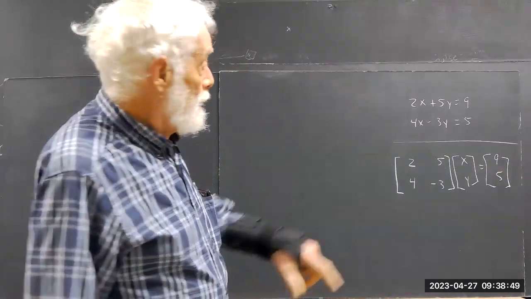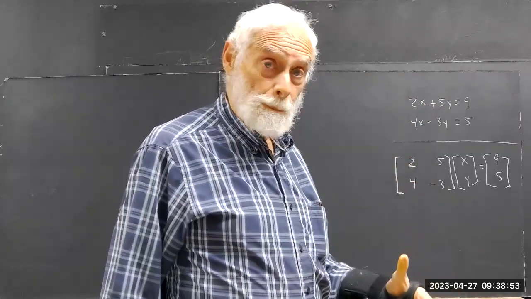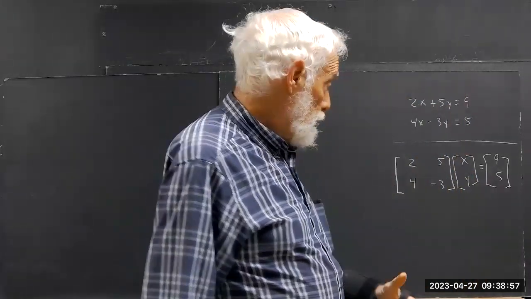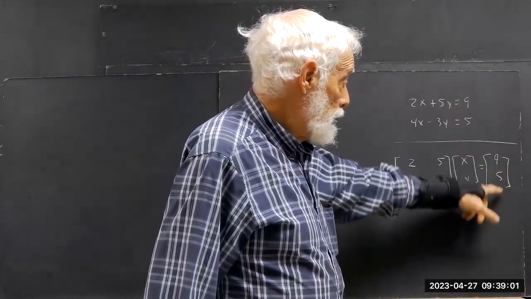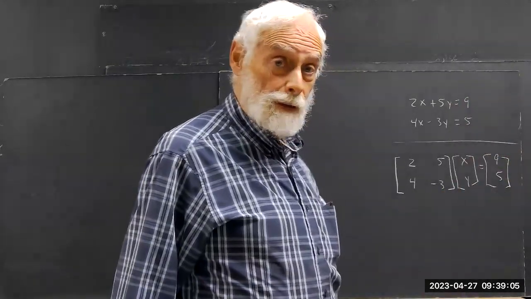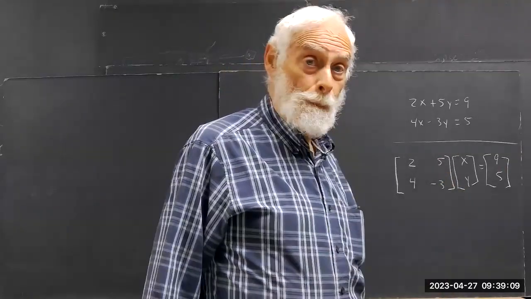I just take these coefficients, the same ones you'd put in an augmented matrix to the left of that dotted line. Stuff that's to the right of the dotted line is going to go here, in other words, numbers on the right hand side of your equal sign. And your x and your y go here.